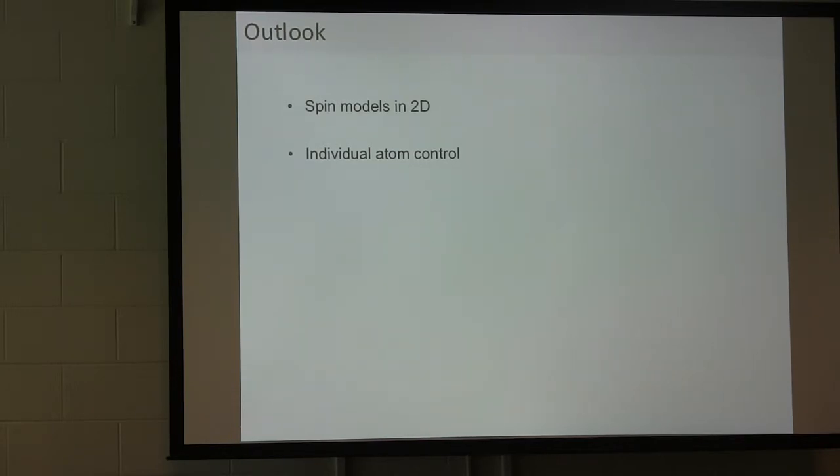We could also implement individual atom control, addressing the atoms individually with our Rydberg lasers, to go in the direction of quantum gates, and that could also be a nice tool to prepare some interesting many-body states. We also have some ongoing discussion with Adam Harrow about how to use this platform to maybe implement one of their quantum approximate optimization algorithms.